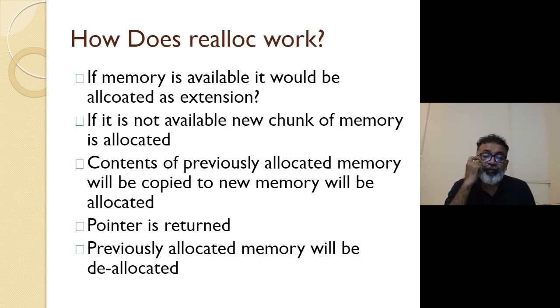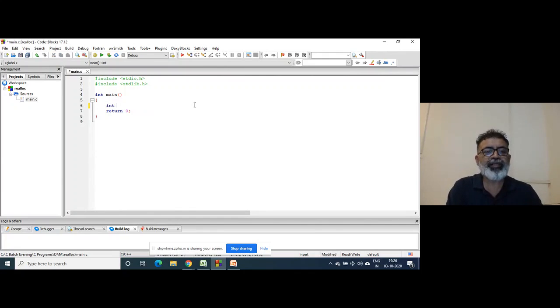And then the previously allocated memory will be deallocated, right? This sequence is important. It releases the memory only after the pointer starts pointing to the new memory location, right? So suppose I declare a variable as int star ptr, right?